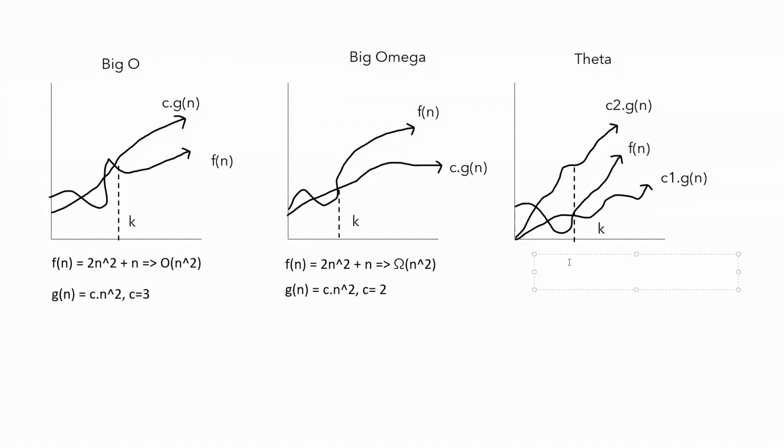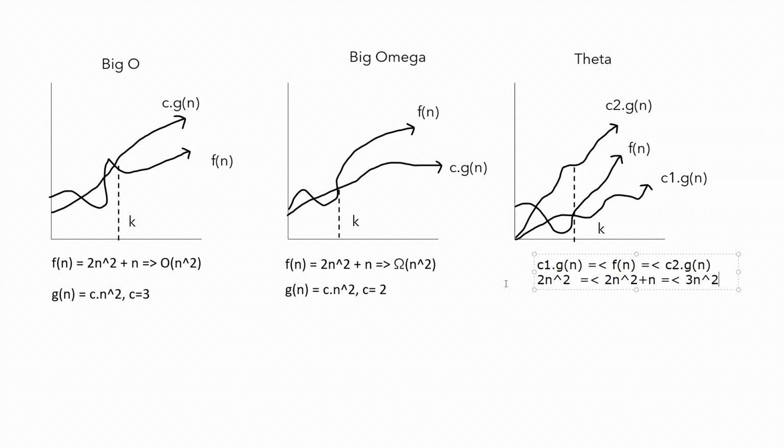Now for theta notation, it combines elements of both big O and big omega. It represents an average case scenario, indicating that F(n) grows at a similar rate as G(n), or we can write it such that C1 times G(n) is less than or equal to F(n), which is less than or equal to C2 times G(n).